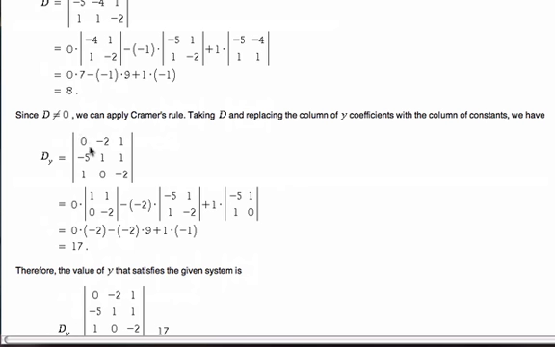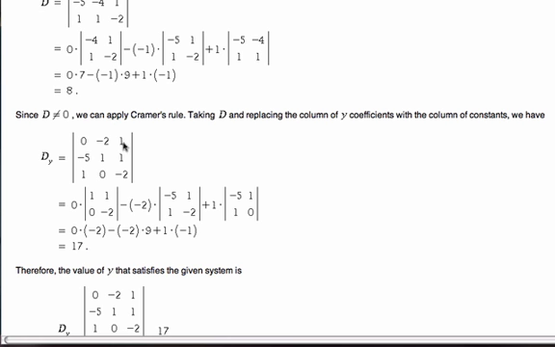We're going to take our first x coefficient, bring that down. We're going to multiply it by this matrix of y's and z's that are left. Okay, that goes here. And you're going to subtract. And then you take your y coefficient from the first equation here and times that by a matrix made out of the x's and z's on the bottom two equations.